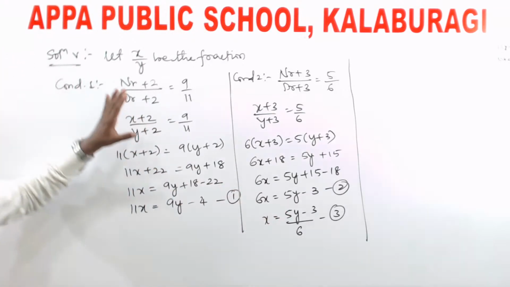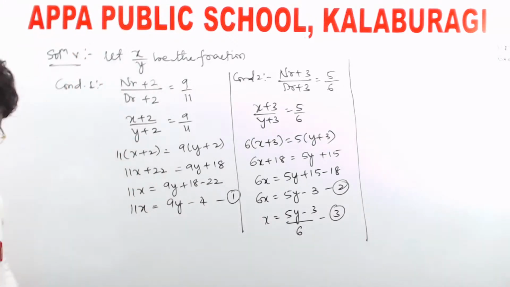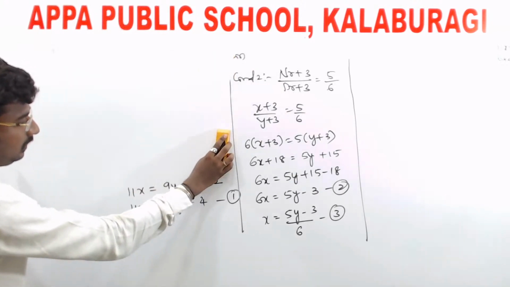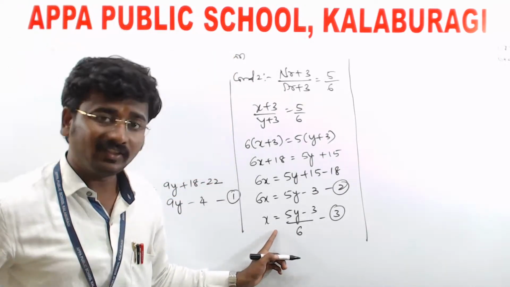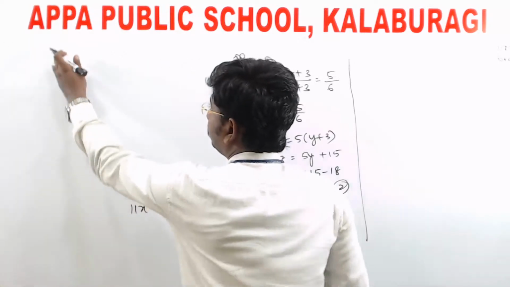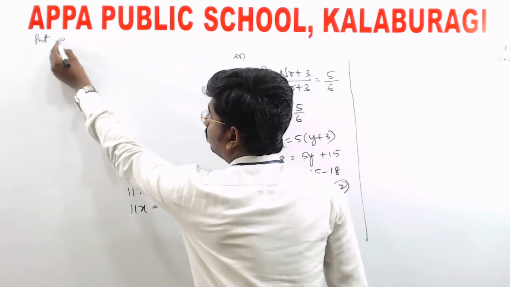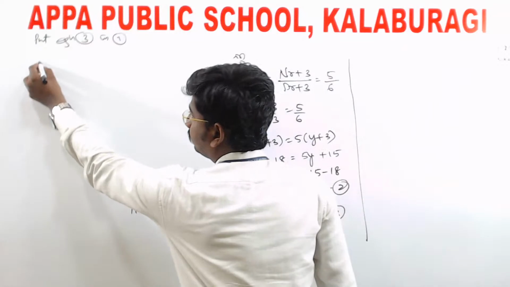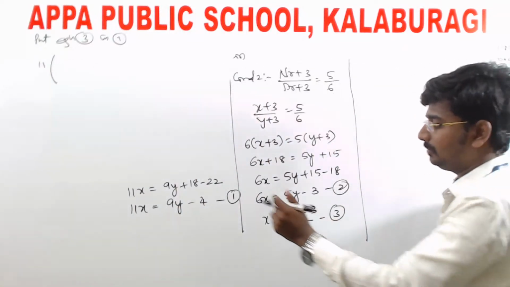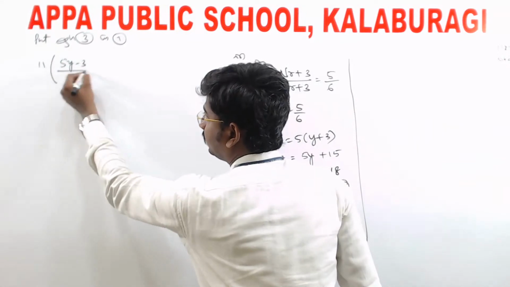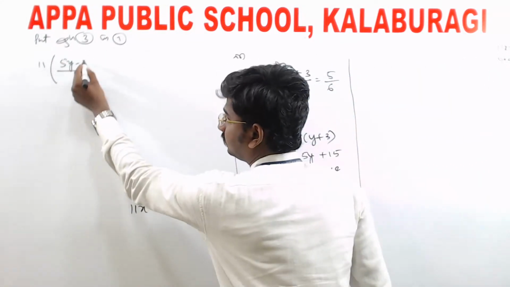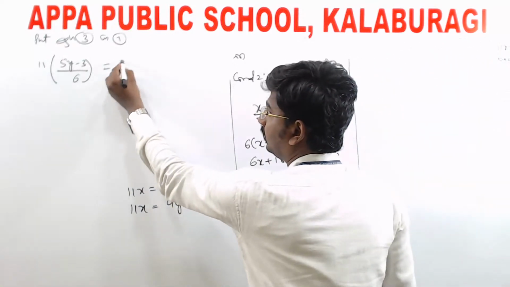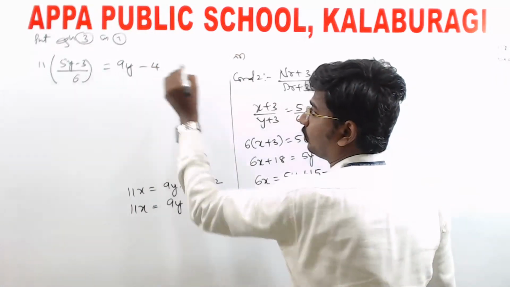So I will substitute equation 3 in 1. 11 times (5y - 3)/6 is equal to 9y - 4.